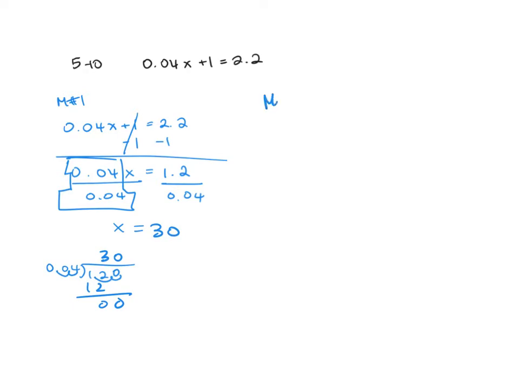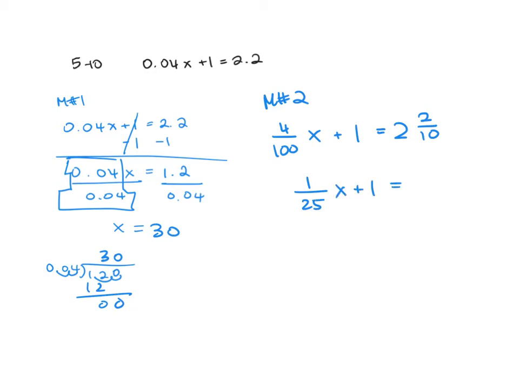And here's method number 2, and I want you to think about which one's going to be easier for you. So 0.04 is the same as 4 over 100, okay? So I'm going to add that. And 2.2 is the same as 2 and 2/10, okay? I'm going to try to simplify things so they're easier to work with. So 4 over 100 is the same as 1 over 25, x plus 1.